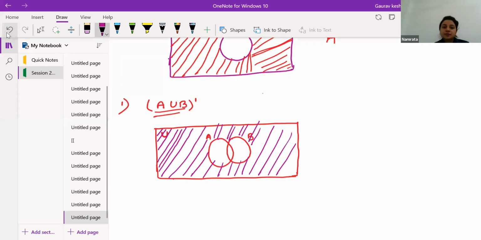Can you see? Yes. I have just taken out, just left A union B and have shaded everything apart from that. That is the complement of A union B.